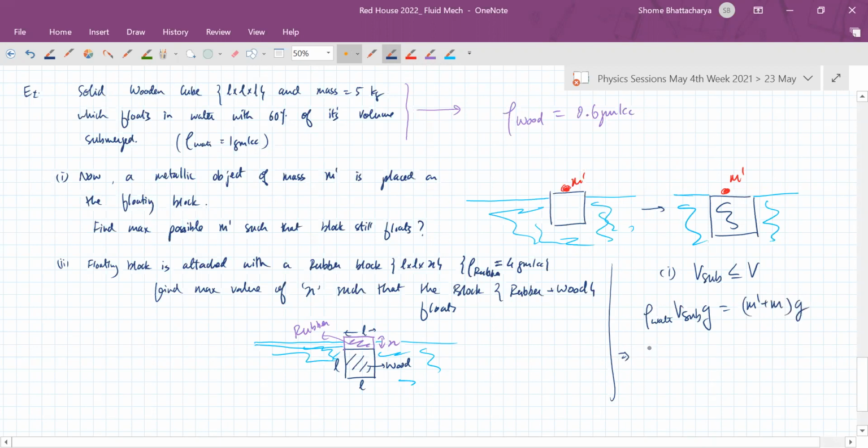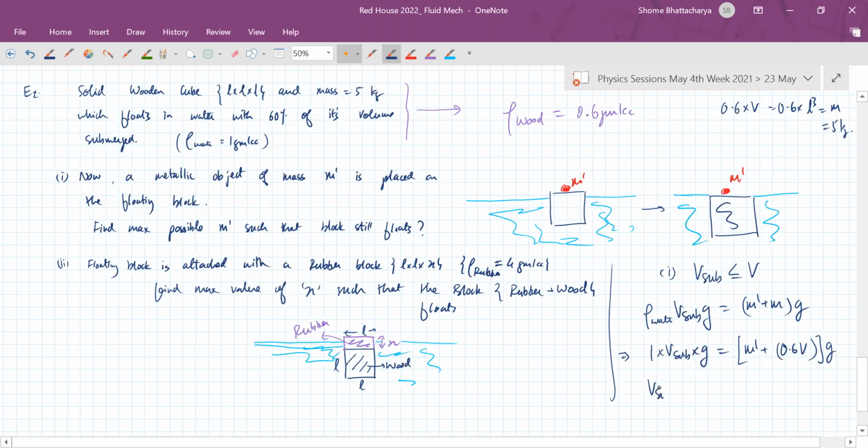So 1 into V submerged into g should be equal to M prime plus 0.6 into V into g. And we also know that this 0.6 V is equal to 5 kg. So we'll make use of that.